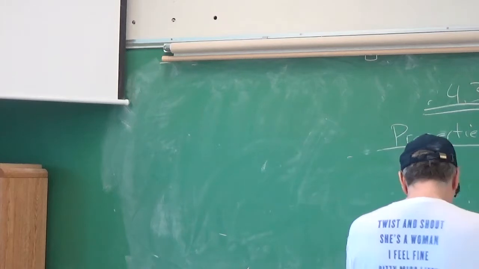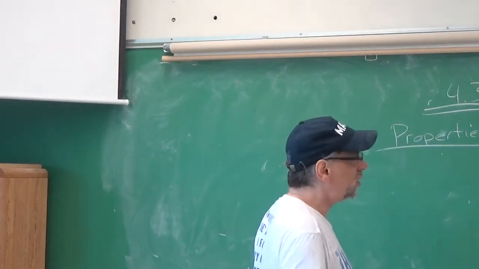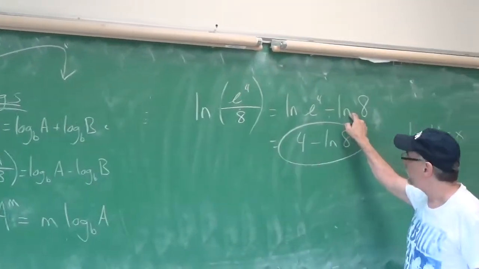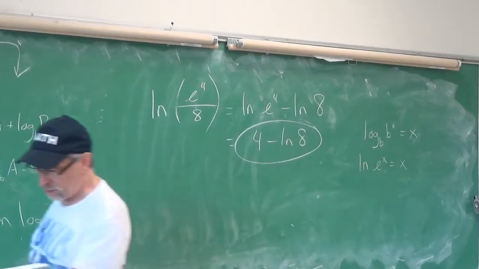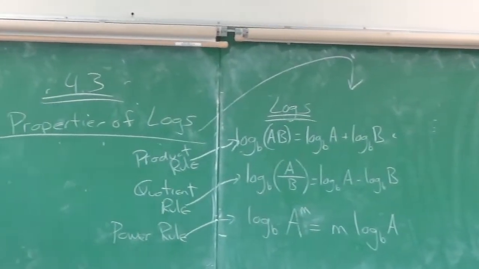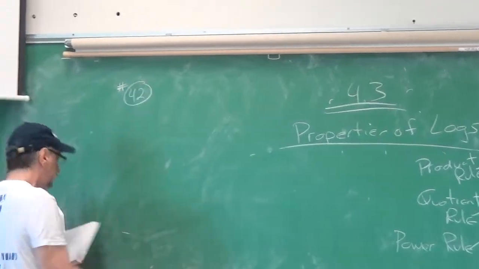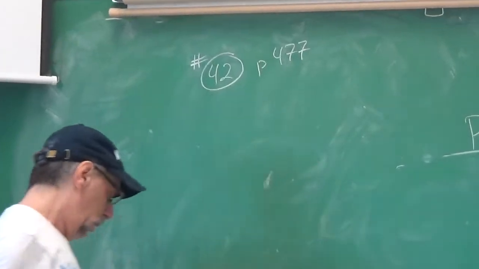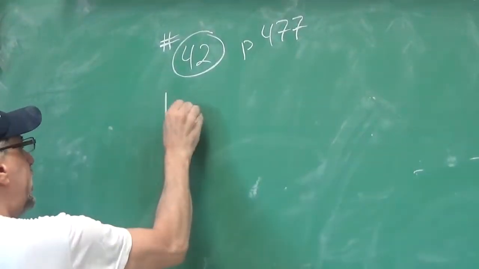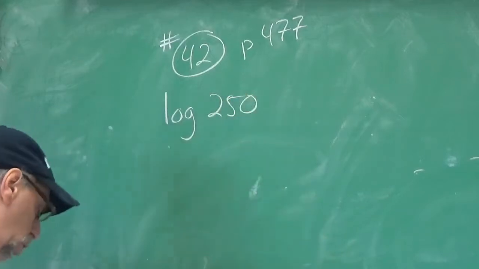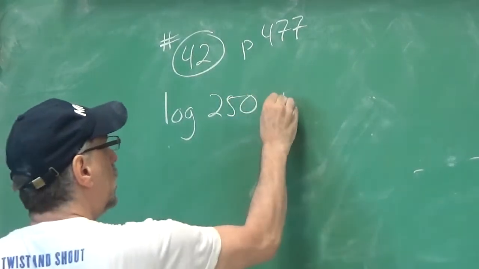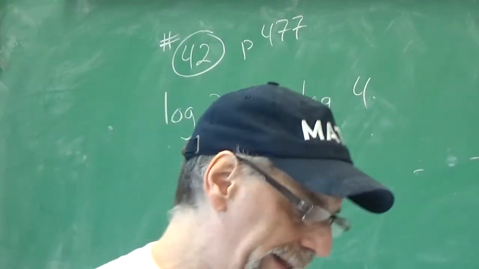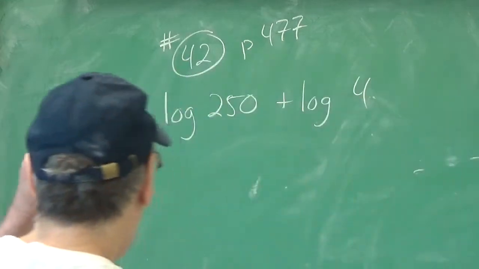All right, what else? Number 42. All right, so in those two cases, we went from one log expression to sums and differences, and then simplified as much as possible. Number 42, we're going in the other direction. Page 477. We start with the sum of two log expressions, and we are asked to write this as one.